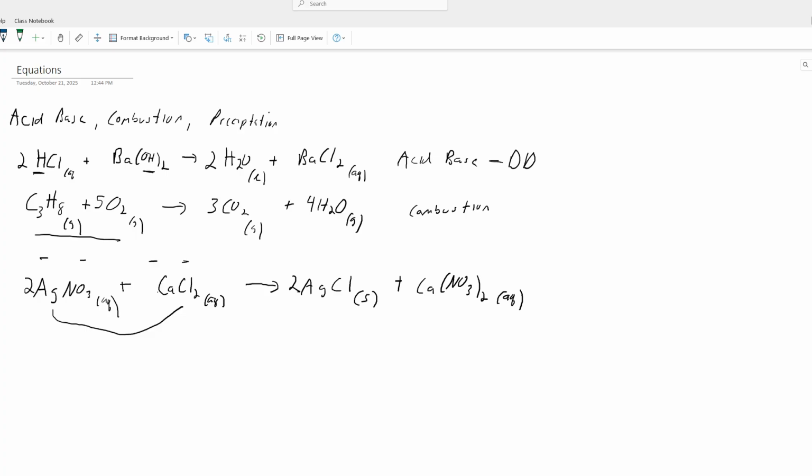Now, I used to have other types of reactions, but I'm going to just go with these. An acid-base: you better be able to look at something and tell if it's an acid-base, and the products are always going to be water and the salt. In a combustion reaction, where you have a hydrocarbon reacting with oxygen, you're always going to get CO2 and water in the gaseous form.